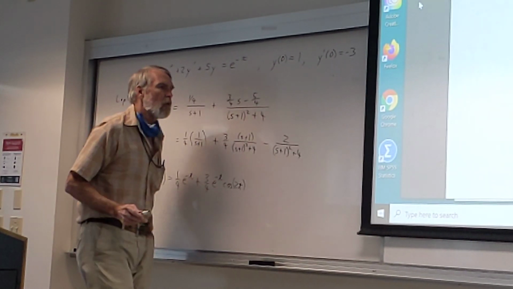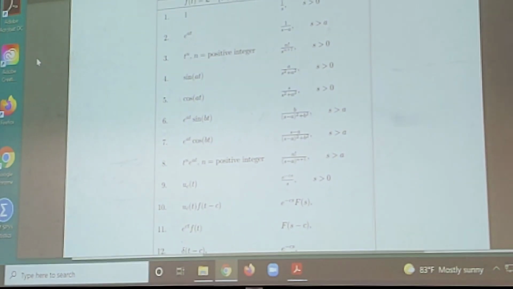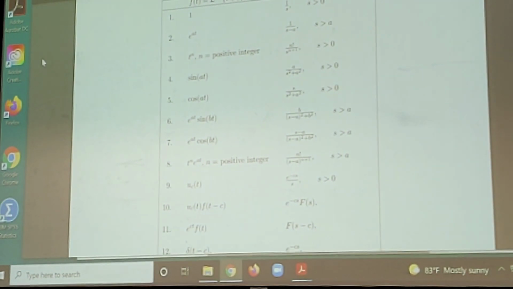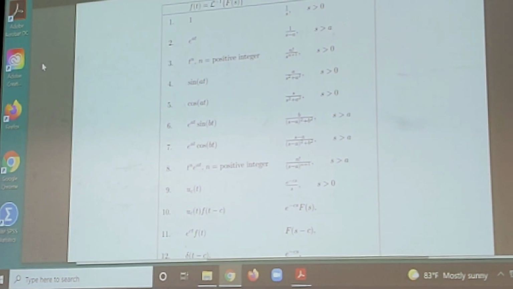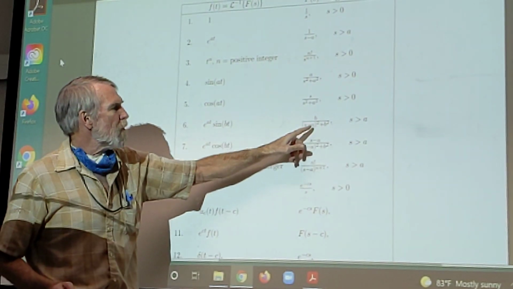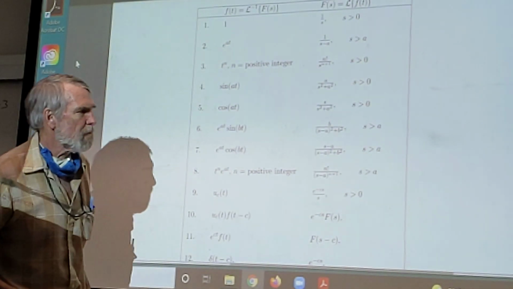And here, where's that table entry? Six. It's the shift theorem. So this, by the way, is our shift theorem. We multiply by the exponential to get that shift in there.